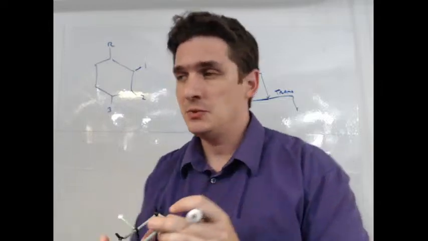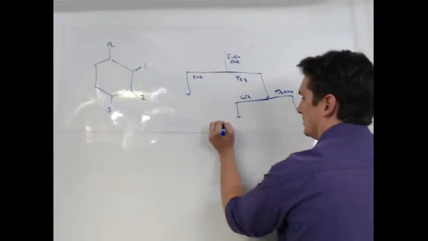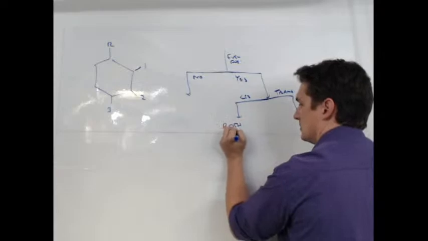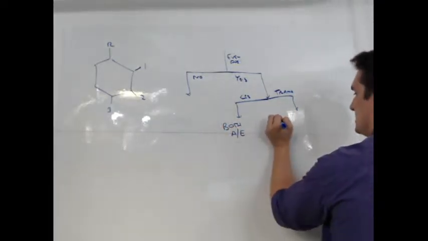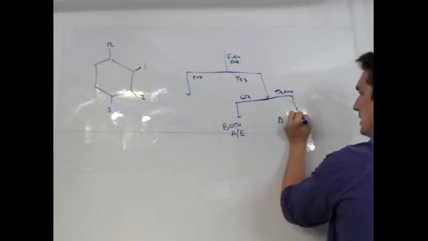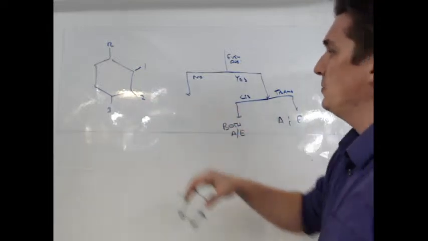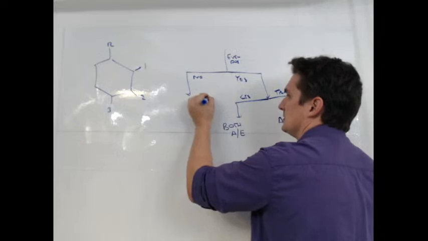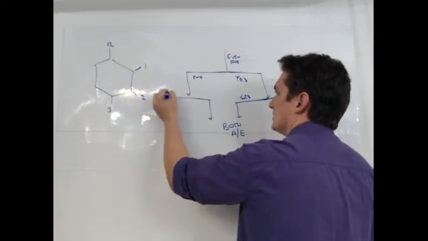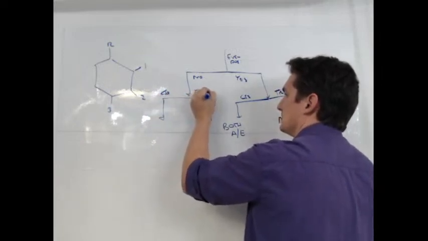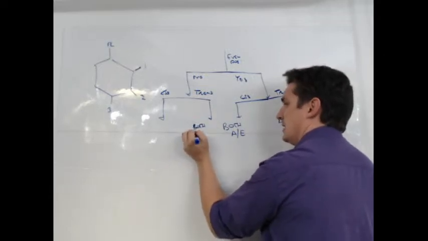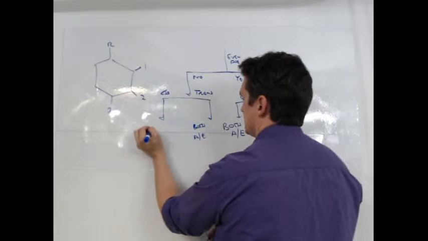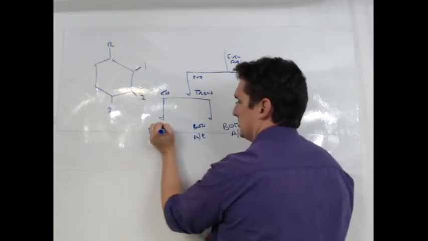They're either both equatorial, or the converse is that they're trans and one's axial and the other's equatorial. Now for the 1-3, it's just flipped. So the trans, they're both axial or both equatorial, and for the cis, there's one axial and there's one equatorial.